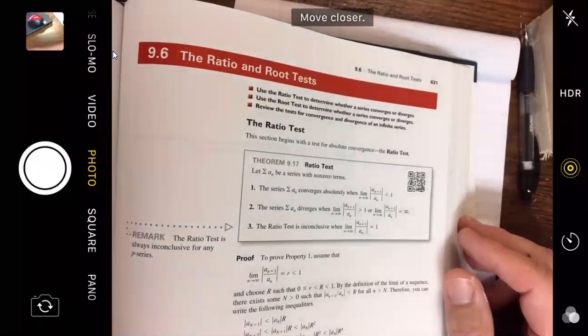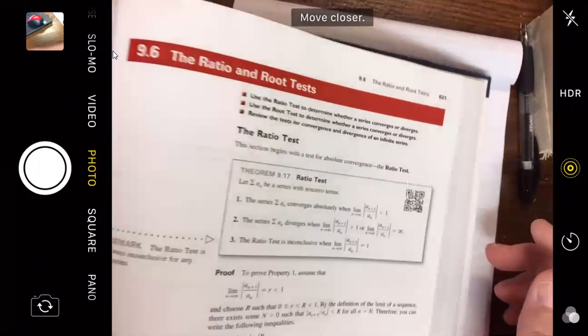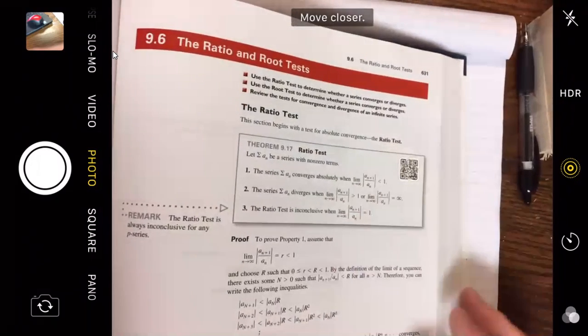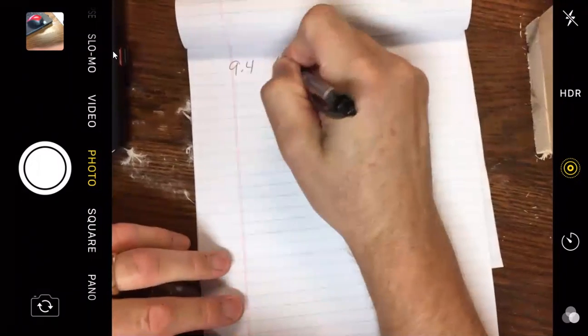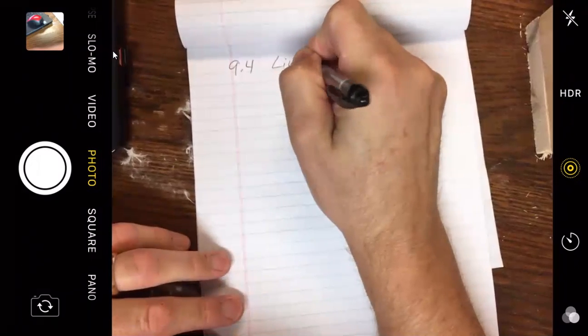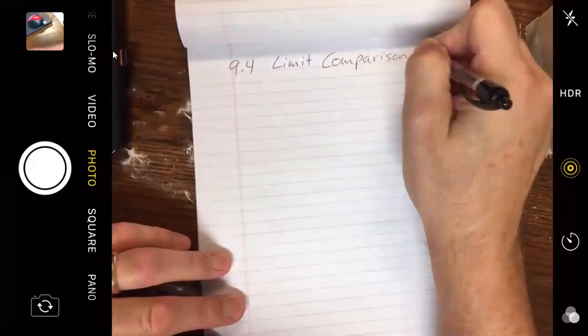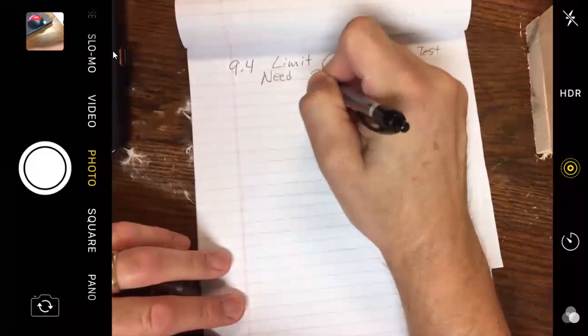It's called a ratio test and a root test. They actually are very similar, and you can see the gibberish here. Basically, the logic to it, if you reach back to the limit comparison test in 9.4, you needed two series.